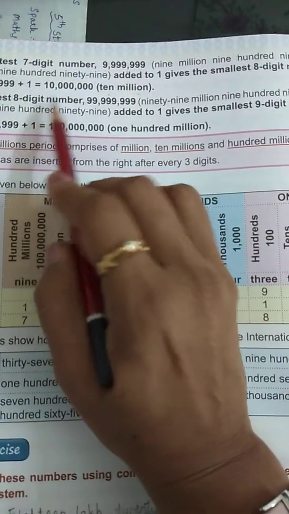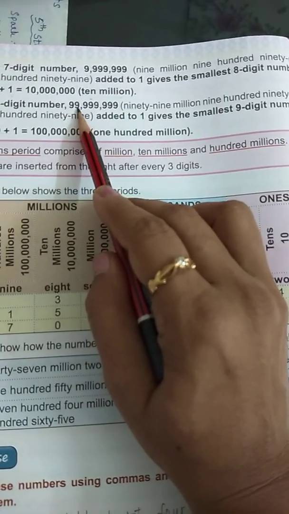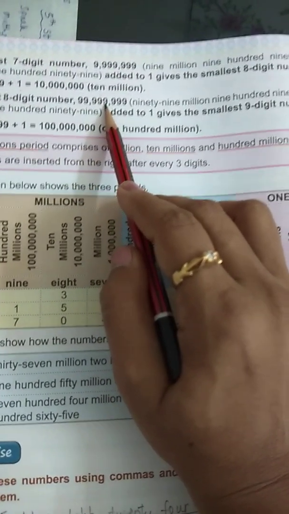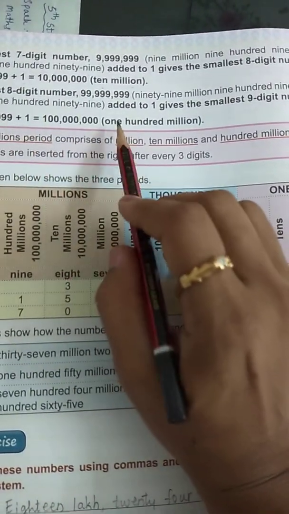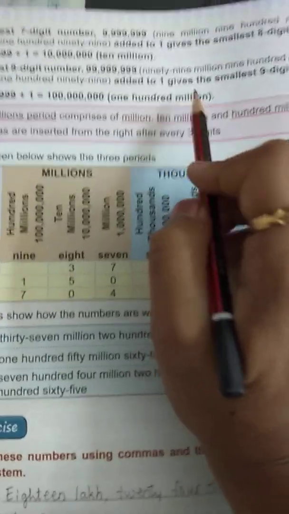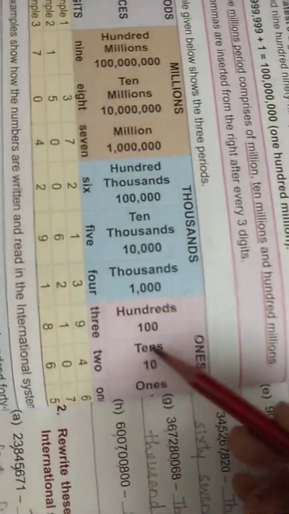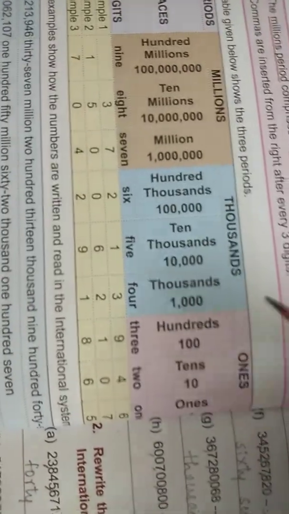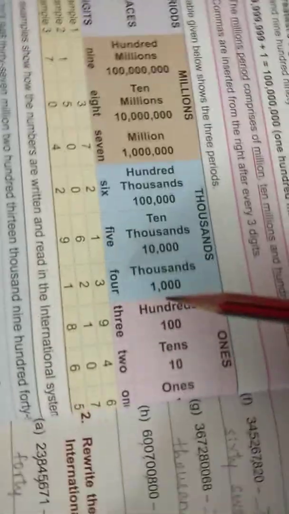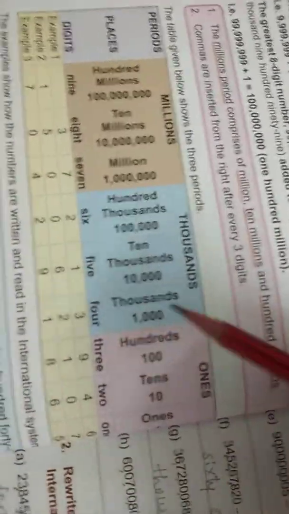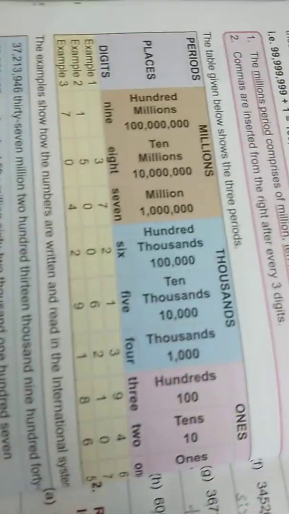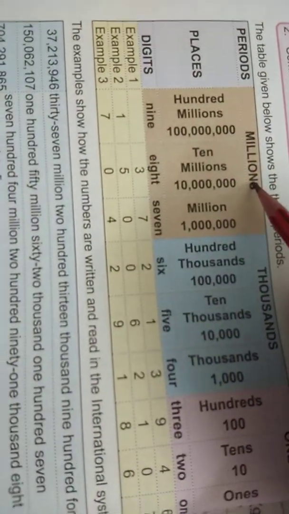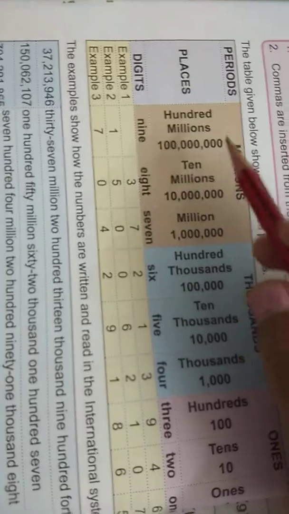And the greatest 8 digit number here is 99,999,999. If we add 1 to this, it will become 100 million. Let's see it in the table. Ones, tens, 100 are the same. In the thousands period: 1,000, 10,000, 100,000. In the millions period: million, 10 million, 100 million.